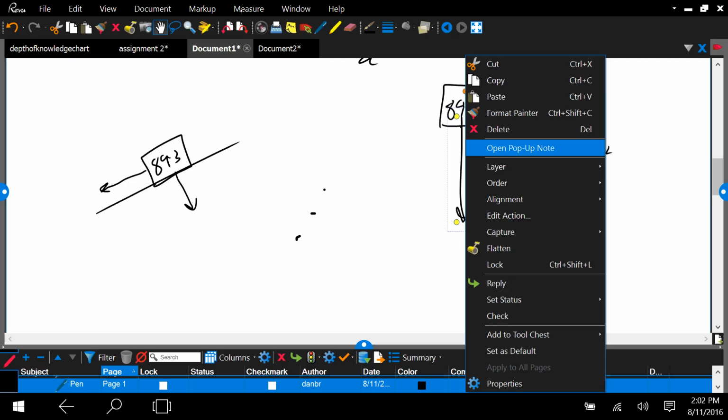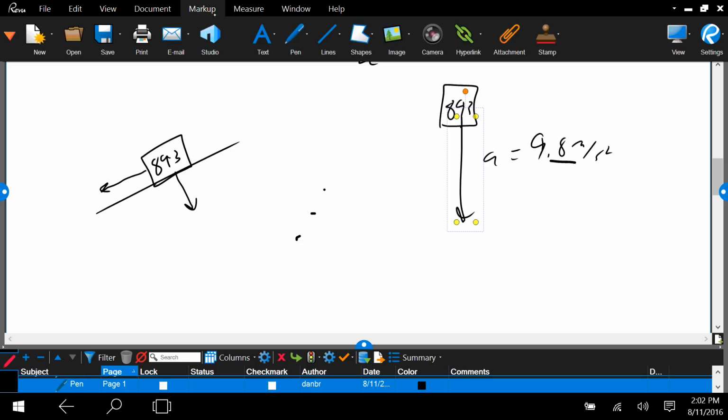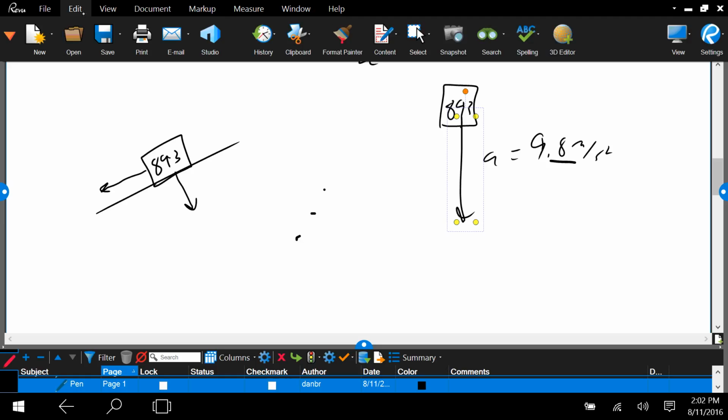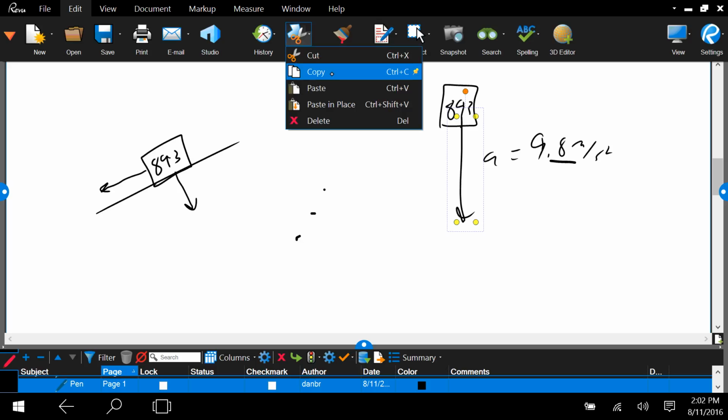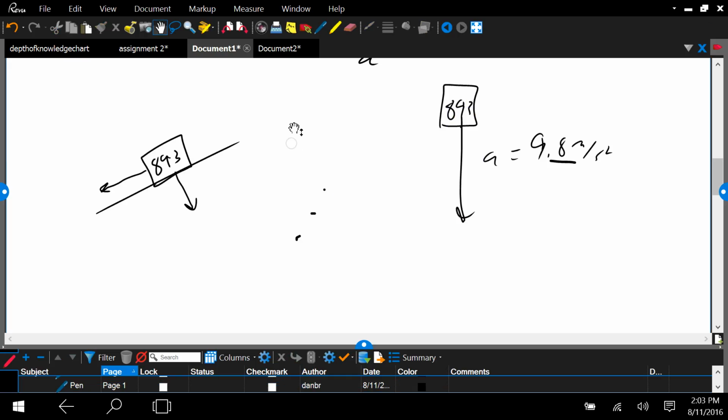What if I just copied and pasted it? Yeah, we'll just do that. And then we will paste it. Okay, so we got another one.